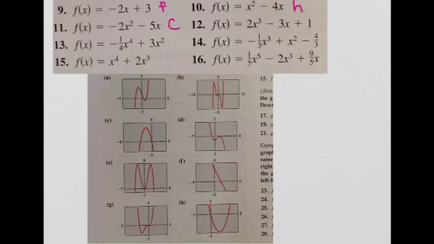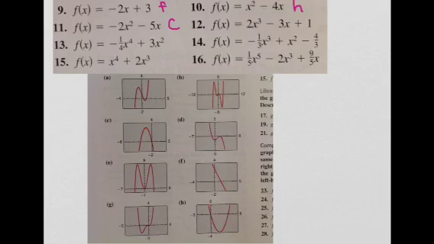Okay, next up I notice that I have two equations, 13 and 15, with even degree, and 14 and 16 with odd degrees. So I'm going to do 13 and 15 first, since I know that for even degrees, both the left and right go in the same direction.